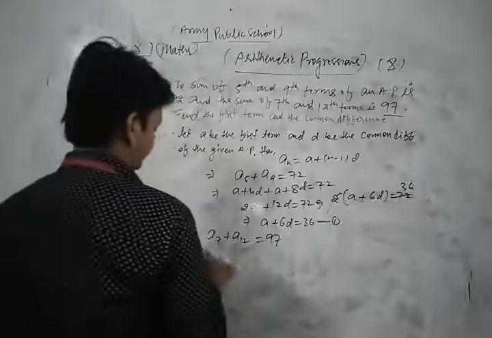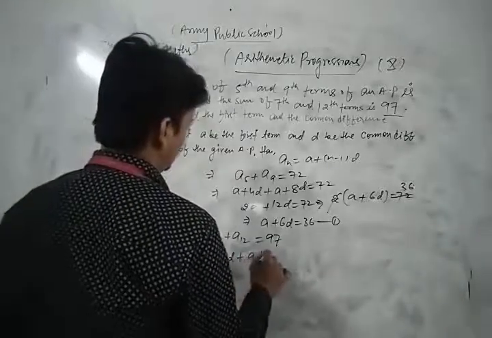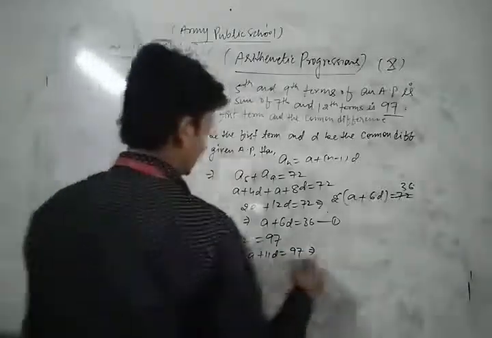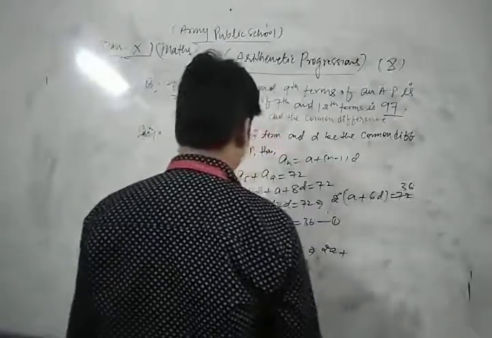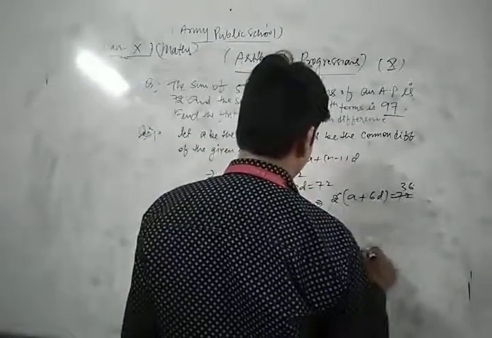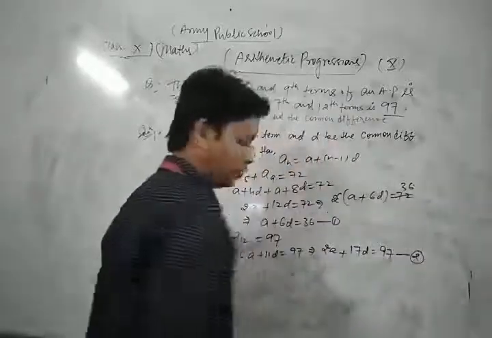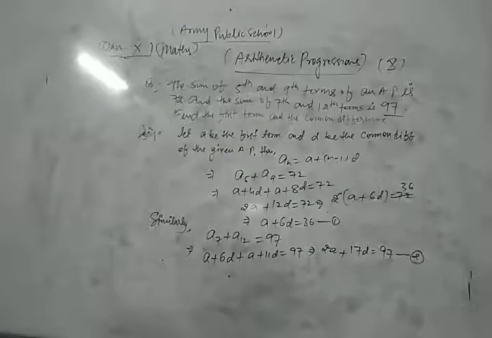A7 is A plus 6D and A12 is A plus 11D, so A plus 6D plus A plus 11D is equal to 97. So we get 2A plus 17D is equal to 97. Take this as equation number 2.